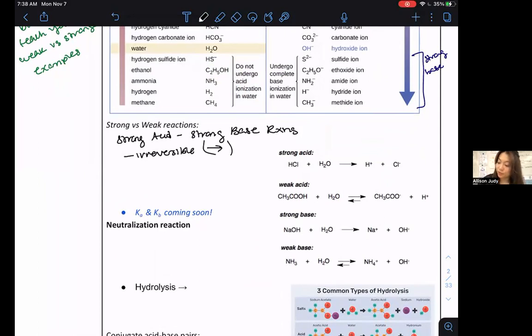But as I mentioned before, for weak acid and weak base reactions, we actually see a reversible process because it is only partially ionizing. So we get an equilibrium.